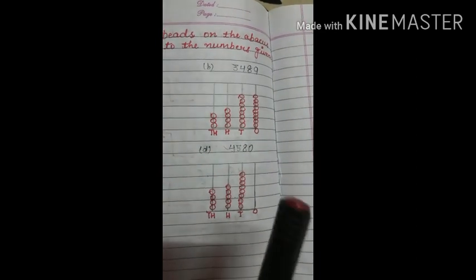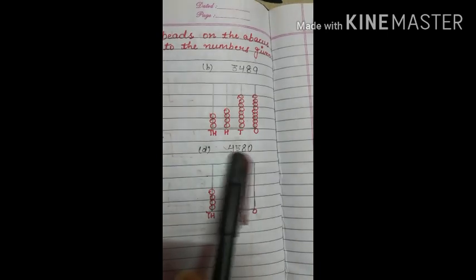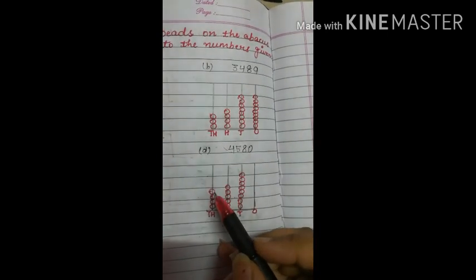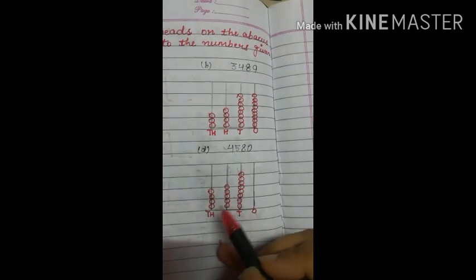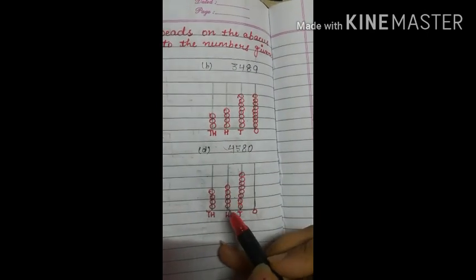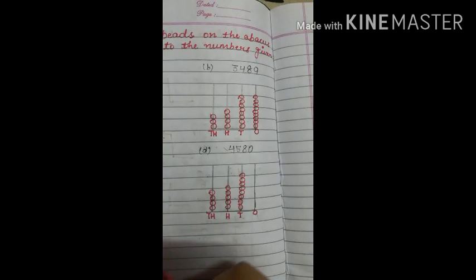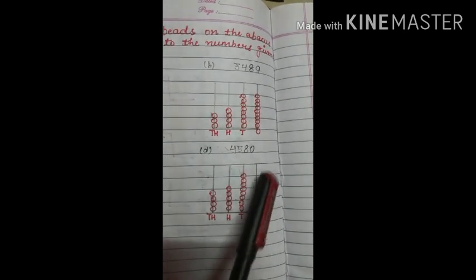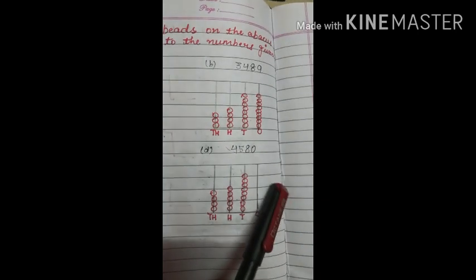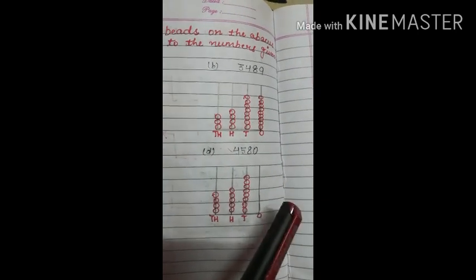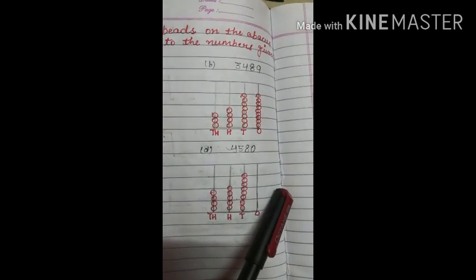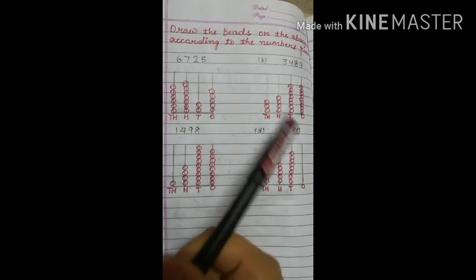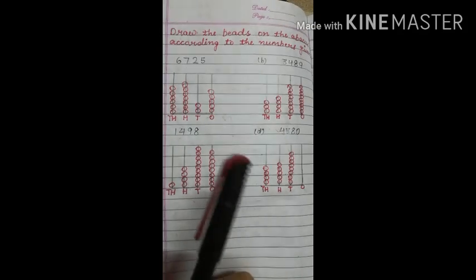Now you can see that we have represented 4, 5, 8, 0 on this abacus. On thousands place we have 4 beads, on hundreds place we have 5 beads, on tens place we have 8 beads, and on ones place we have 0, means there is no bead on the ones place. So in this way we have represented all these 4-digit numbers on the abacus.